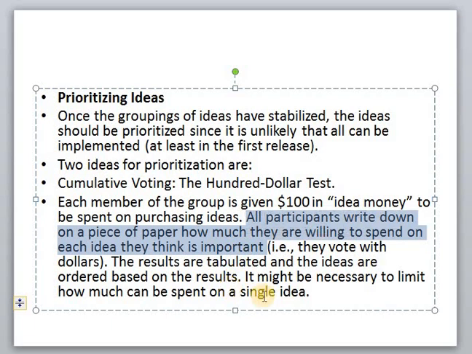So according to the list of proposed solutions, or ideas, every idea will be ranked in a way that every participant will consider how much he is interested to spend from that $100 on this particular idea, to highlight the importance of that solution.